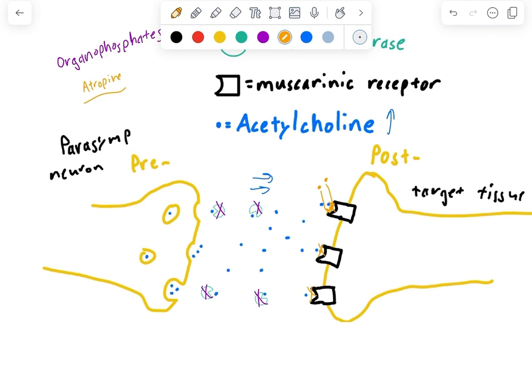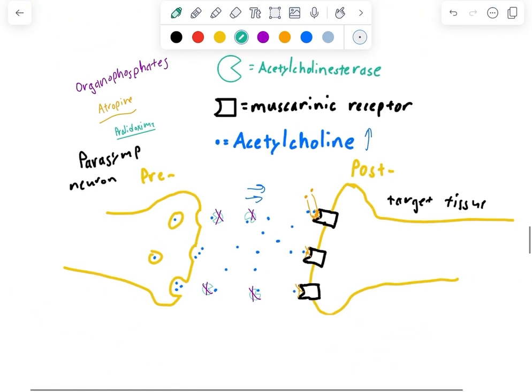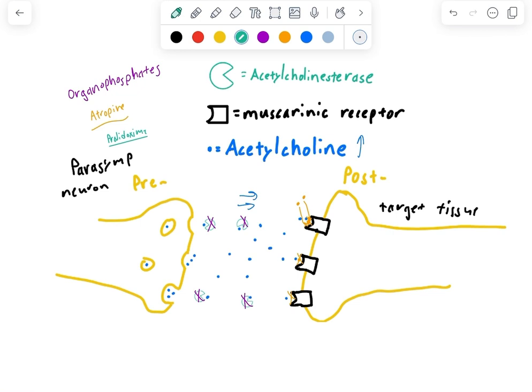Now there is another medication you can give that also helps with cholinergic toxidrome, and the name of that medication is pralidoxime. And I went ahead and drew that in the green there. Now what pralidoxime does is it regenerates acetylcholinesterase, right?